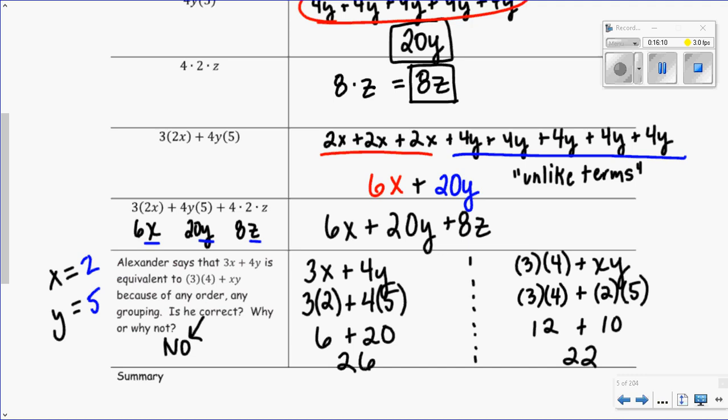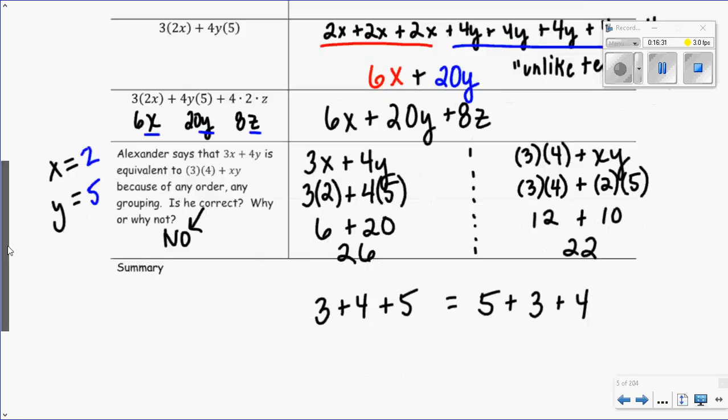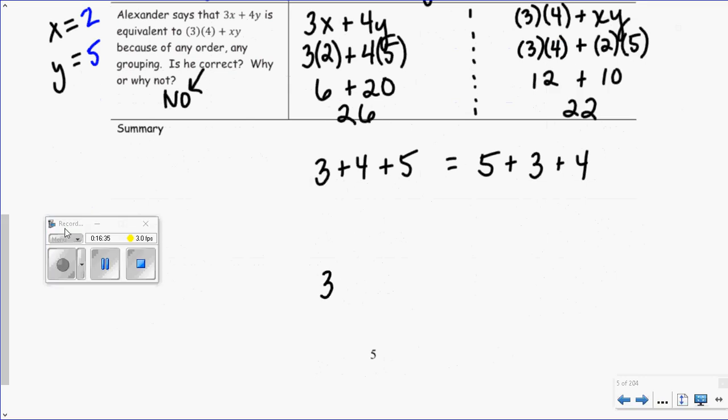Okay, and the reason is he is switching the multiplying and the adding. So if you're adding 3 numbers, you can switch the order, such as 3 plus 4 plus 5. That's equal to 5 plus 3 plus 4. And then let's say I'm multiplying all those numbers. 3 times 4 times 5.